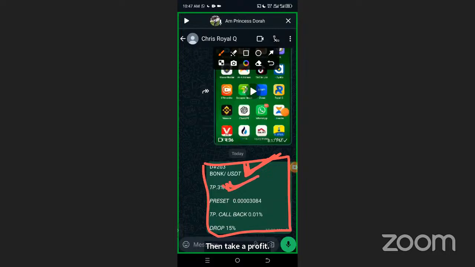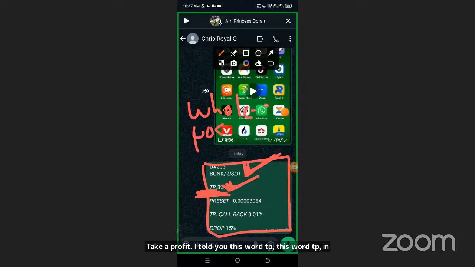I told you this word TP. This word TP in EuroQ means whole position take a profit ratio. That's what it means in EuroQ.